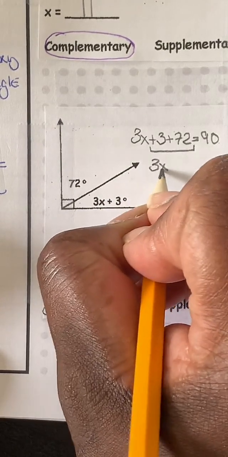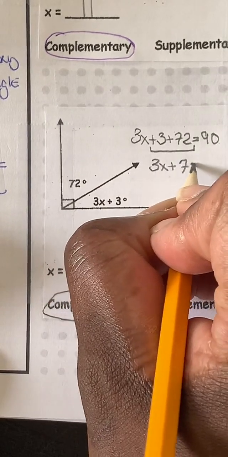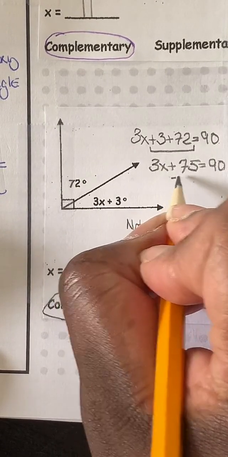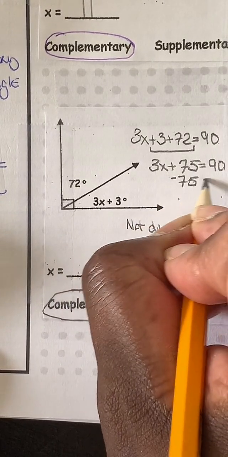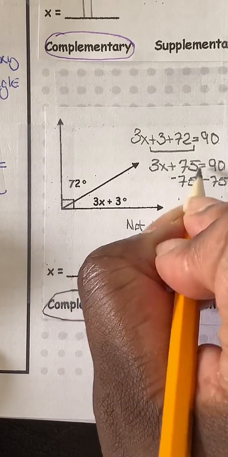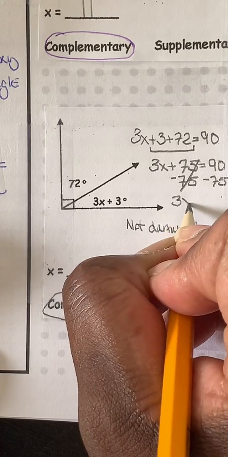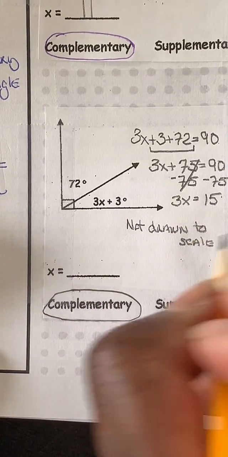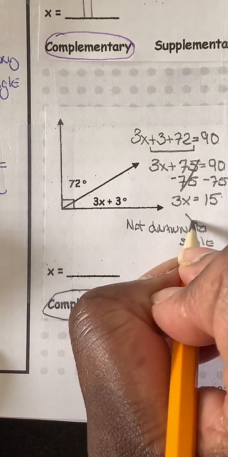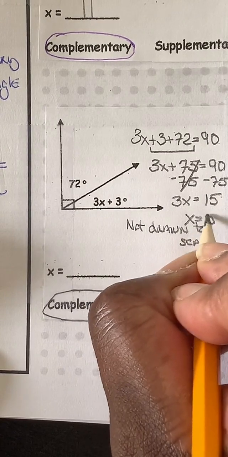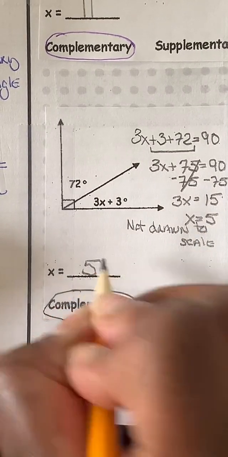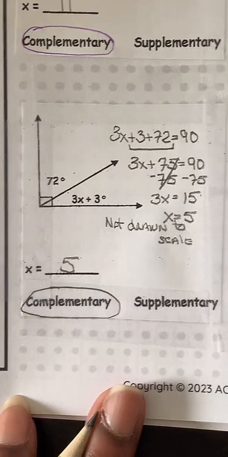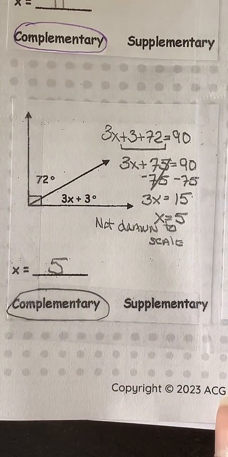You had your 3x plus 75 is equal to 90. Then you subtracted 75 from both sides. So then you had 3x is equal to positive 15. Divide by 3, so that means x was equal to 5. Okay, awesome.